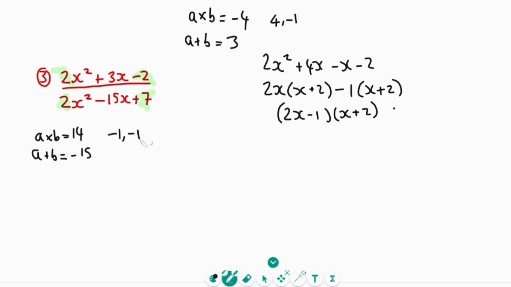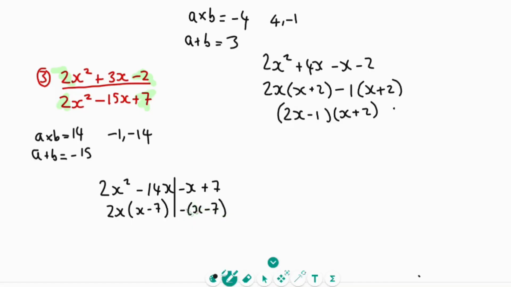Negative 1 times negative 14 is positive 14, and then we add them together, we get negative 15. So 2x squared minus 14x minus x plus 7. Factorise, 2x bracket x minus 7, minus 1 bracket x minus 7. So one of our brackets is 2x minus 1, the other bracket is x minus 7.